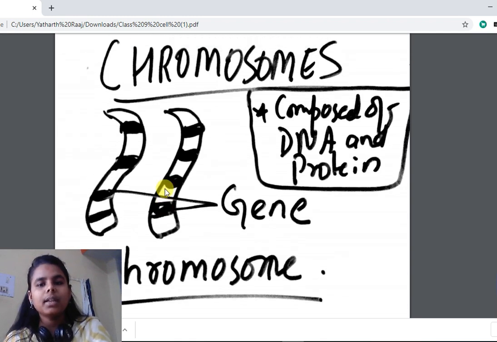So chromosomes are composed of DNA, deoxyribonucleic acid, and protein. On the chromosome, this patch-like structure is called a gene, and genes are the hereditary structure. These genes are responsible for the transmission of characters and traits from an organism to its progeny.